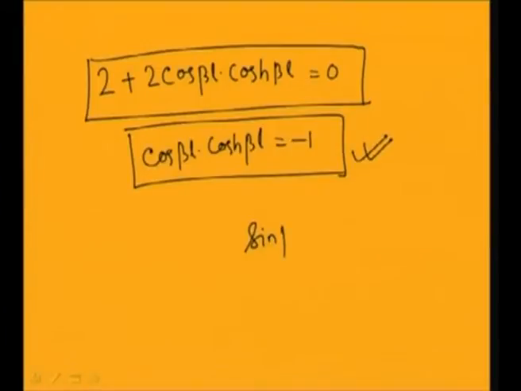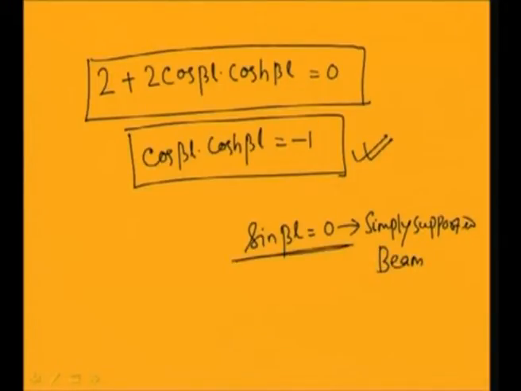If you recall, for the simply supported beam you obtained the frequency equation sin beta L equal to 0. This equation is very simple, and you obtained sin beta L equal to 0 equal to sin n pi, so beta L equal to n pi.